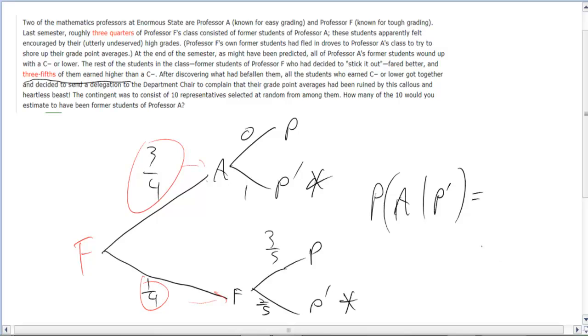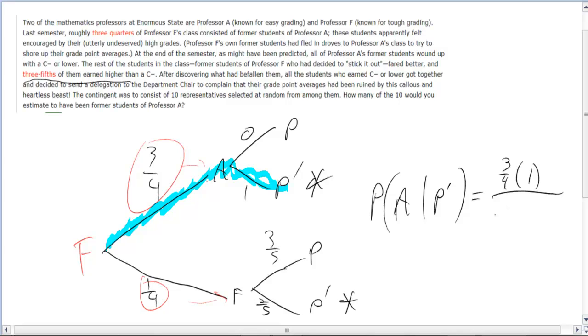So our desired outcome, again, here we go. Let me grab a little highlighter. Our desired outcome would be this path here: these are the students who came from Professor A, so that's our numerator, which is just 3/4 times 1.